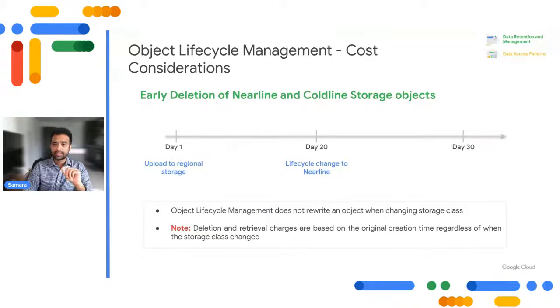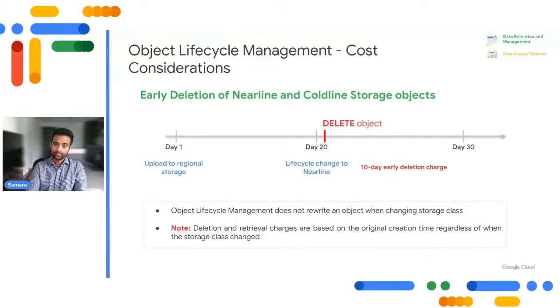On this slide, as I said previously, there are early deletion charges and retrieval charges with OLM. I have put an example. Say you moved an object from Standard to Nearline. Yes, it will save you on storage costs, but say you deleted the object at the 20-day mark. Now you would pay for the 10-day early deletion charges, since you deleted the object before the set time that it has to be present in the Nearline storage class.